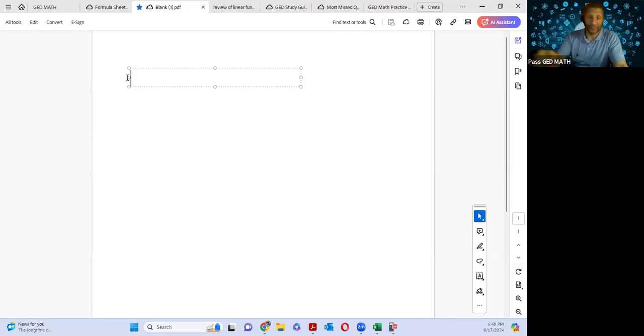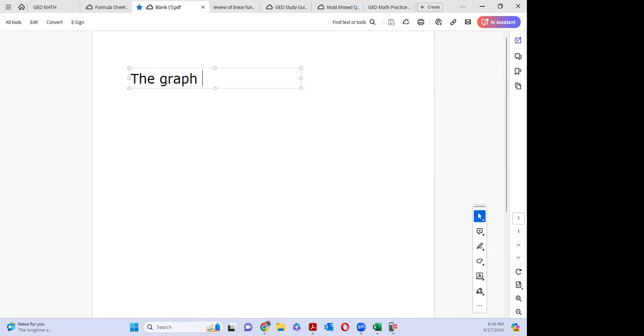The graphs of the equations y equals x plus 3 and y equals negative 2x minus 3 are drawn on a coordinate grid.